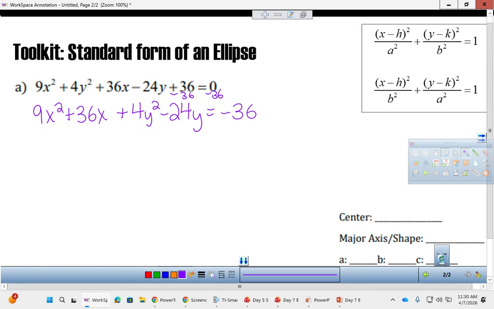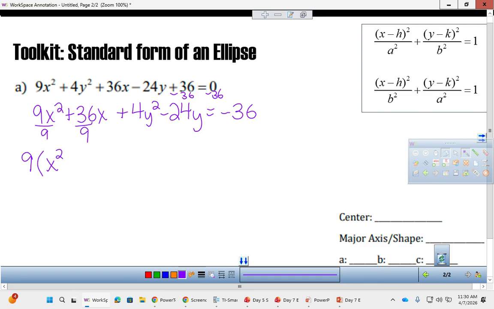Now, from here, what makes this different than a circle is there's this coefficient of 9. Every time we've completed the square, it's been with just x squared or just y squared, not 9x squared. I need to get rid of the 9. So what I'm going to do is factor it out. I'm going to divide each of the x terms by 9 so that I've factored out a 9 and I'm only working with an x squared.